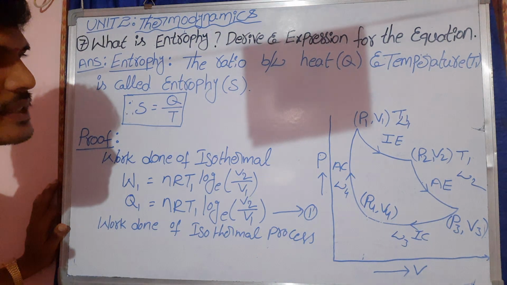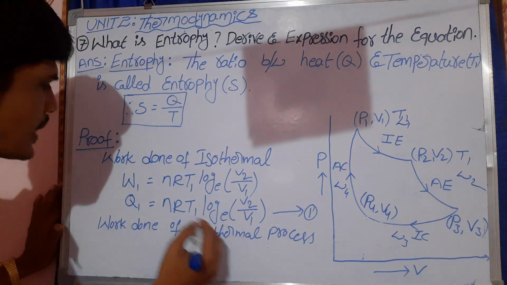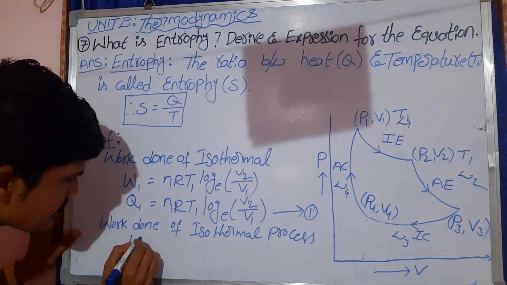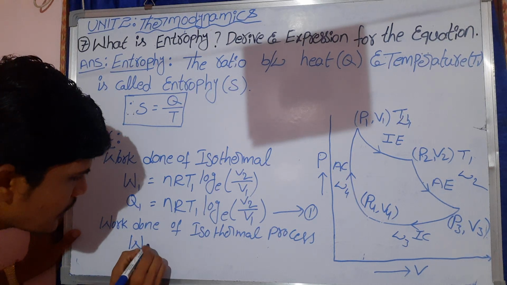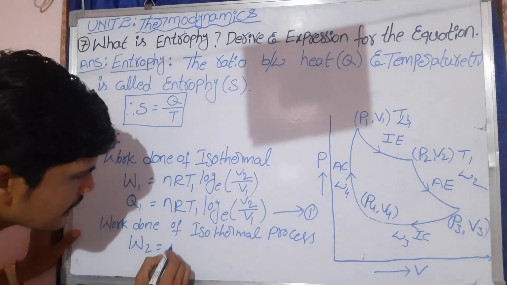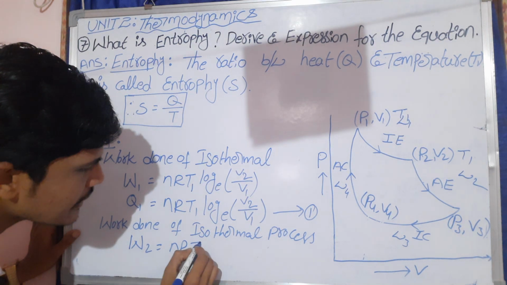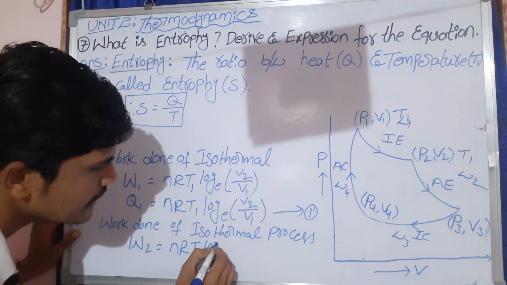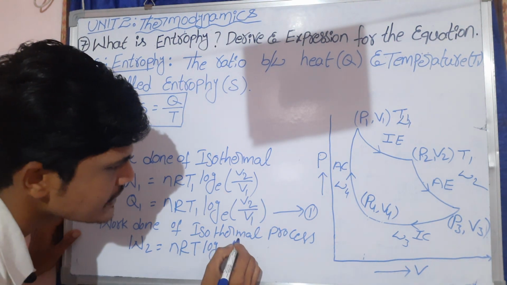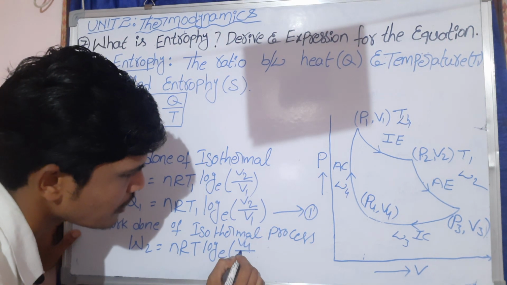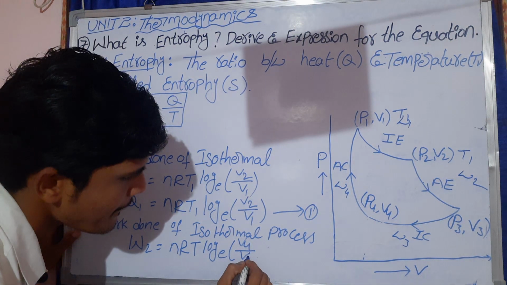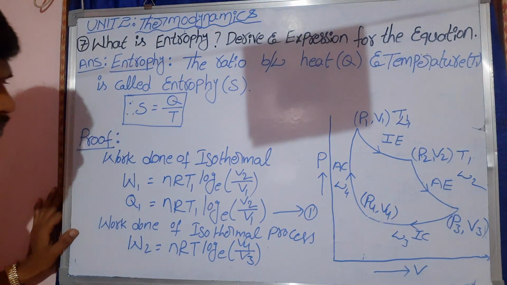The work done equation W2 equals nRT log base e V4 by V3.